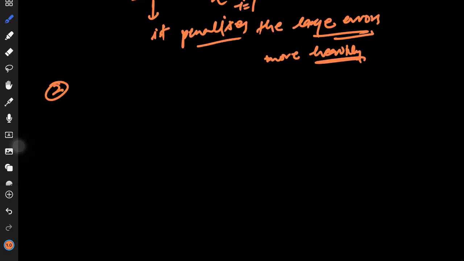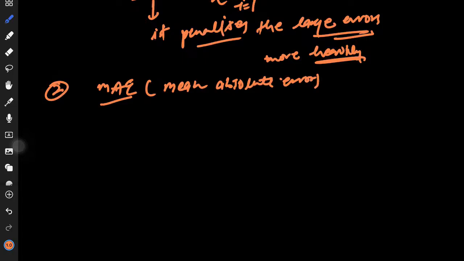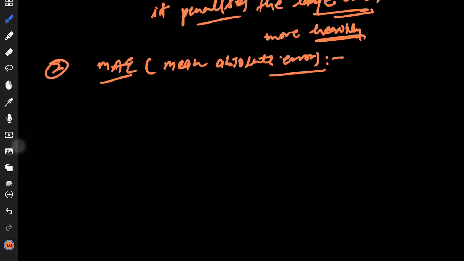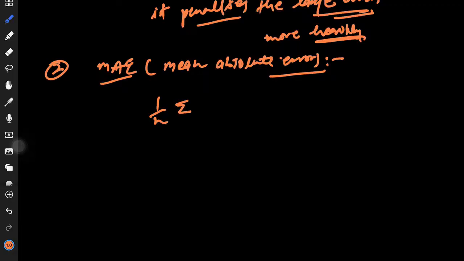Then the second one is mean absolute error, MAE. What is the formula of mean absolute error? The formula is modulus of yi minus yi predicted.